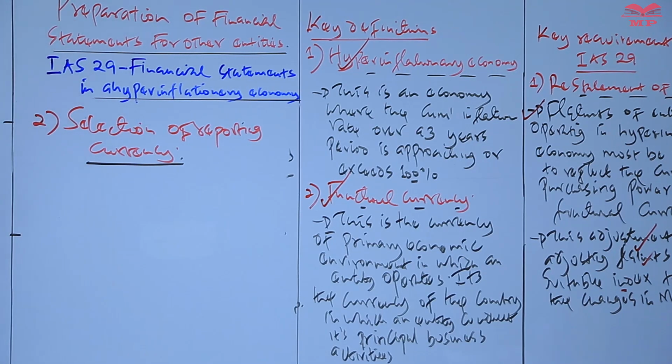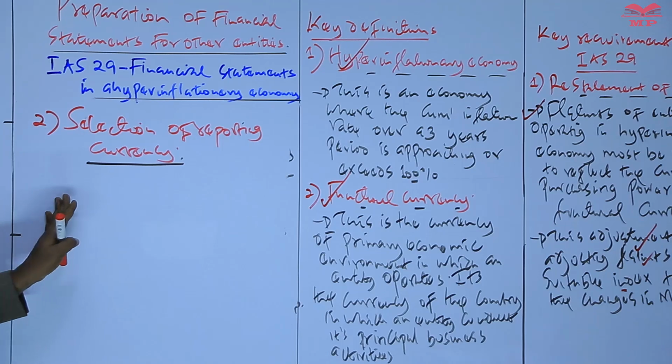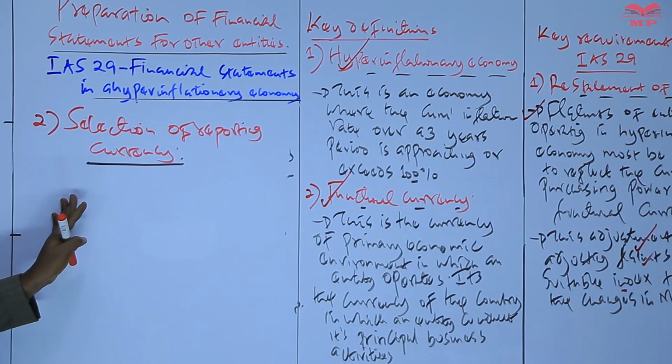This is basically the currency which is used by entities in preparing their books of account and also their financial statements. And according to International Accounting Standard number 29, entities are required to select a reporting currency that reflects the economic environment and also provides meaningful information to the users. So that is the requirement of IAS 29 as far as the selection of the reporting currency is concerned.